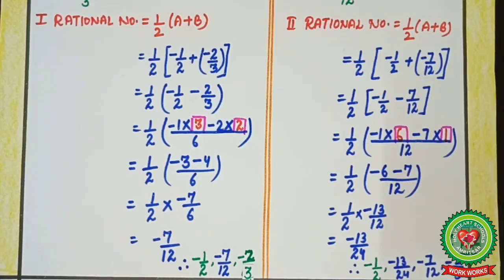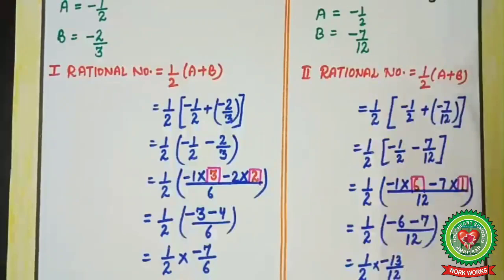So now again it is up to you which two pairs you want to take as a as well as b. So I'm taking this minus 1 upon 2 as a and minus 7 upon 12 as b. Now here I have taken a is equal to minus 1 upon 2, b is equal to minus 7 upon 12. So second rational number is equal to 1 upon 2 bracket a plus b.